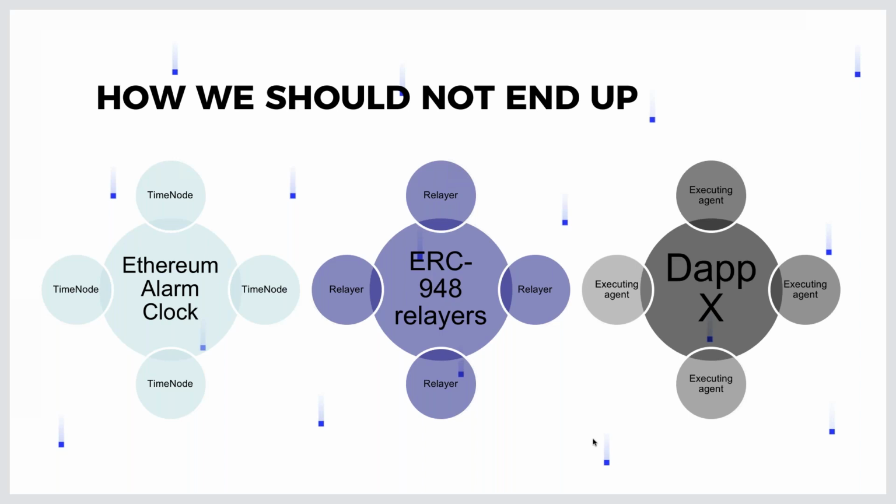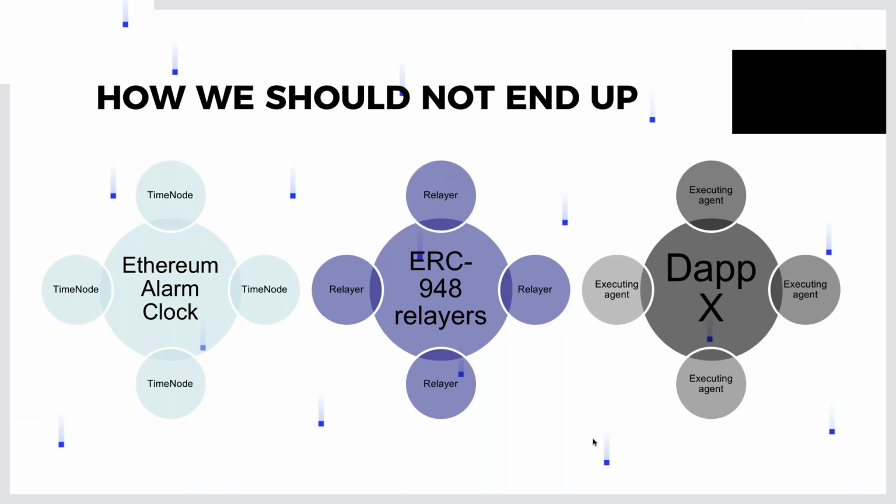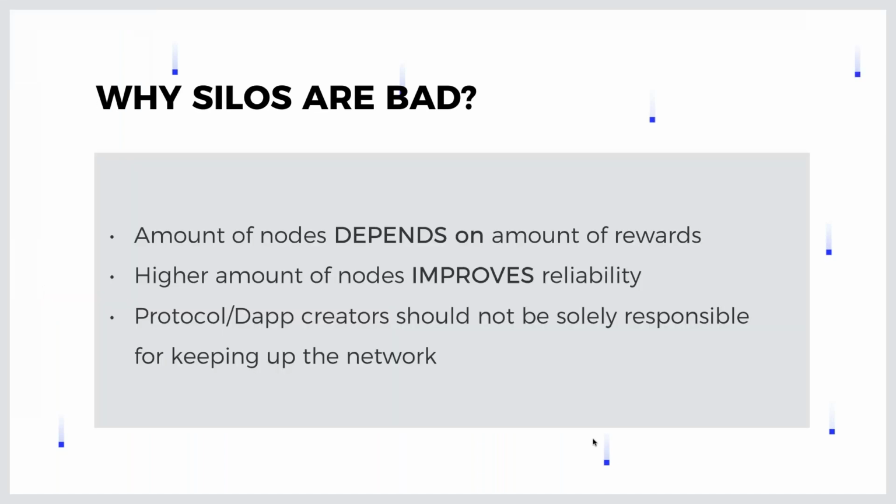The ERC 948 relayers have a different network, and whatever other DApps or protocols will keep up with this very similar but yet different executing network agent. So I don't think that's a good situation, and that is mainly why silos are bad.